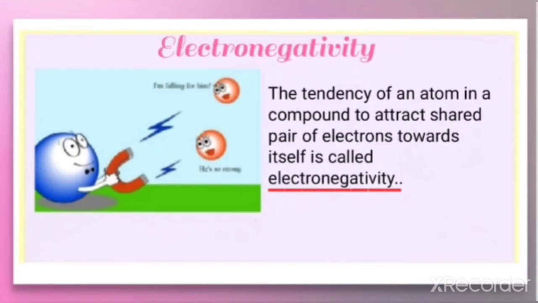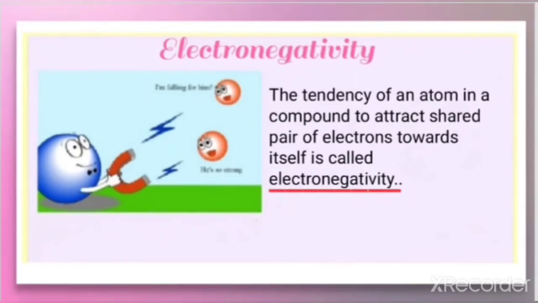So that is called a shared pair of electrons. And if a particular atom has a tendency to attract that shared pair of electrons towards itself, that atom is considered to be more electronegative. So we can say that the greater the electronegativity of an atom, the greater will be its tendency to attract the shared pair of electrons towards itself.